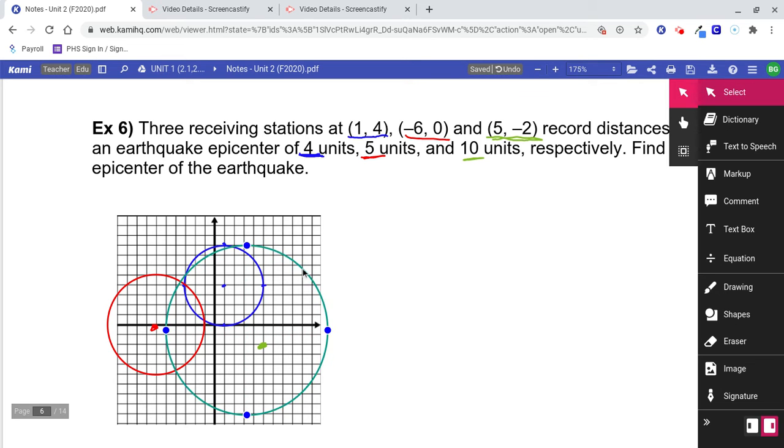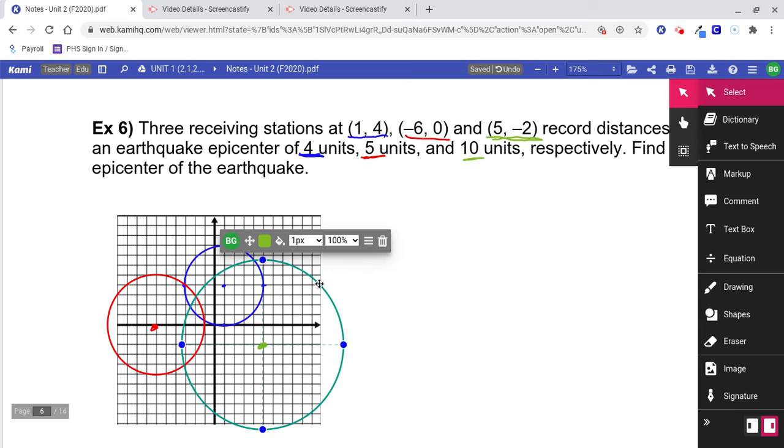Not sure why that's not on the center. 1, 2, 3, 4, 5, 6, 7, 8, 10.